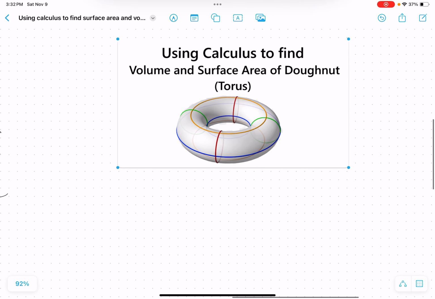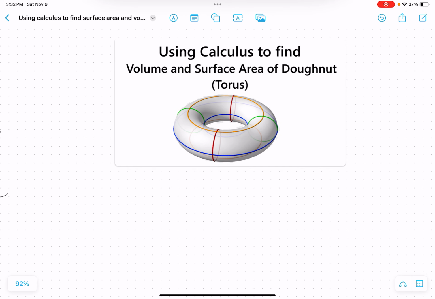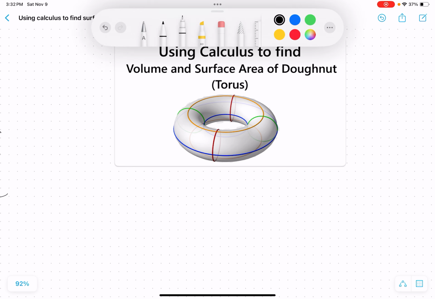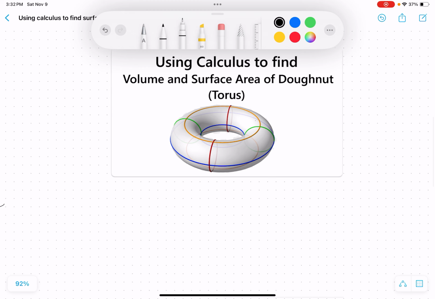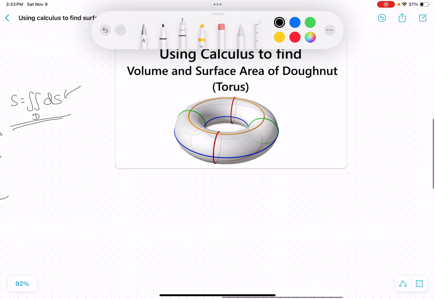And the general idea is, if you have equations that give this torus, then we can just integrate to find the surface area. We can just integrate over the domain the surface area element, right? I'll go over it in some moment. Similarly, to find volume, we can just integrate over the domain, which we write as E in 3D, the volume element, right?